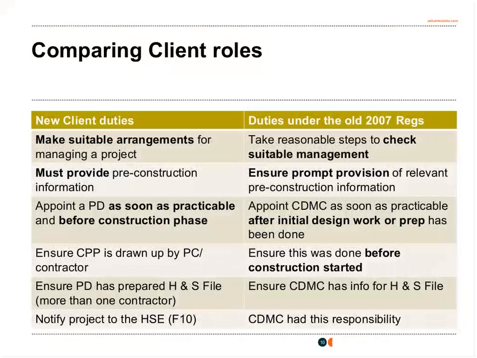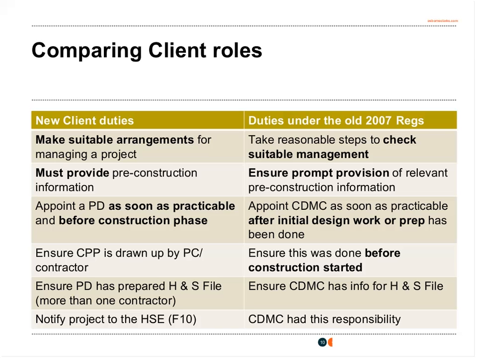To compare the client roles under the 2007 to 2015 regulations, we've put on the slide in front of you this table summarising those key changes. So firstly, the client's role under 2015 is to make suitable arrangements for managing a project. That compares to having to take reasonable steps to check that there was suitable management under the 2007 regulations.